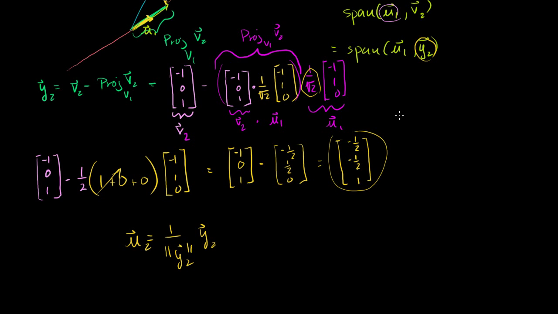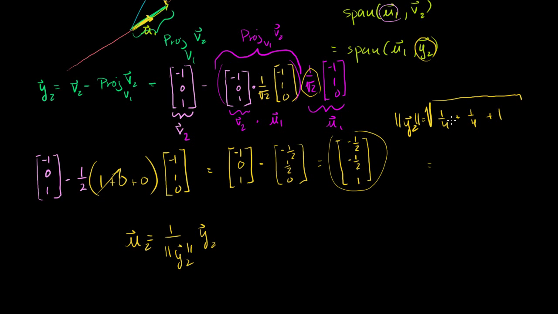So what is the length of y2? The length of y2 is equal to the square root of minus 1/2 squared is 1/4, plus minus 1/2 squared is 1/4, plus 1 squared. So it's the square root of, what is this? 1/2 plus 1, or 3/2.